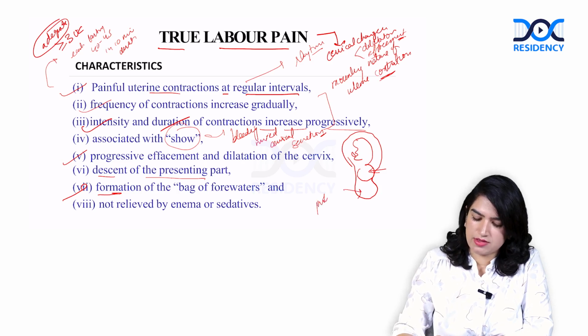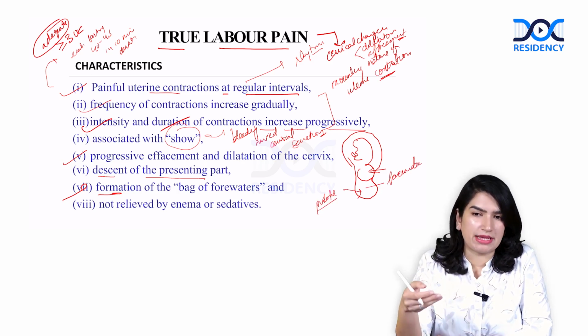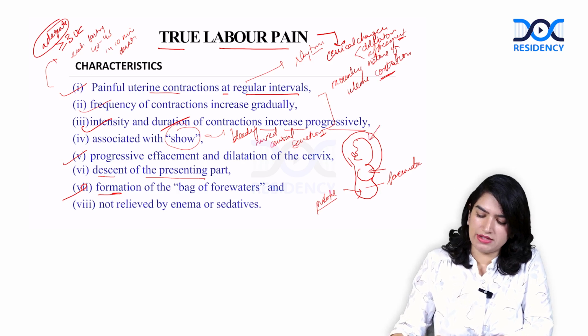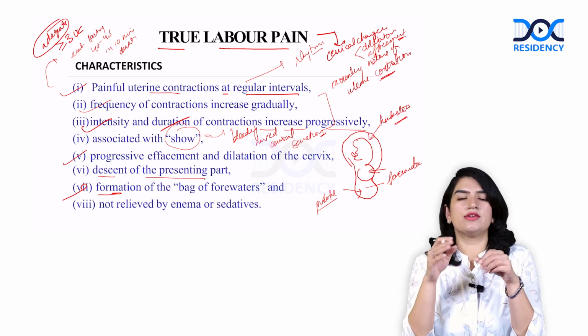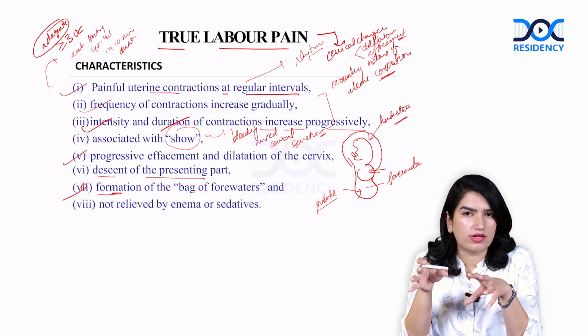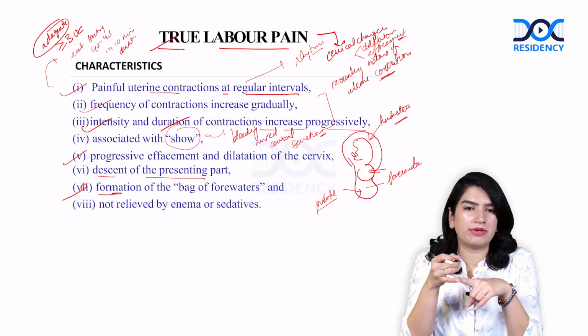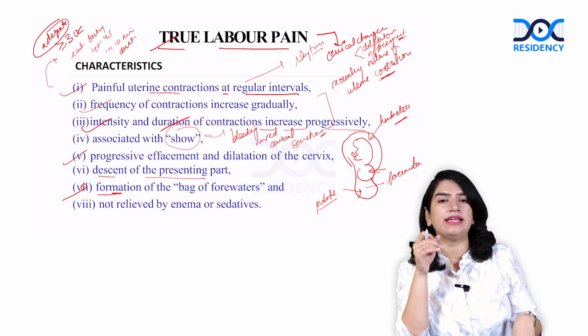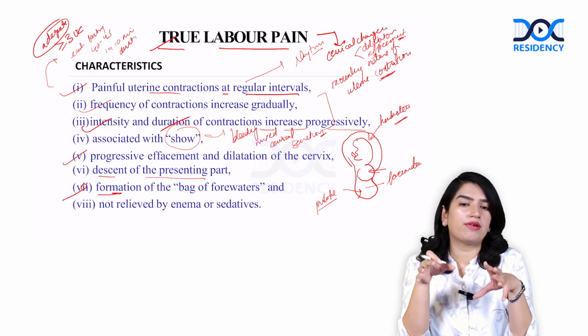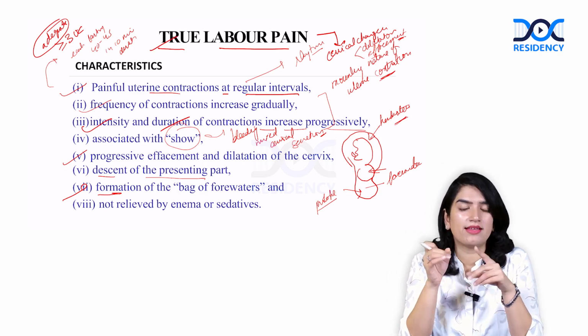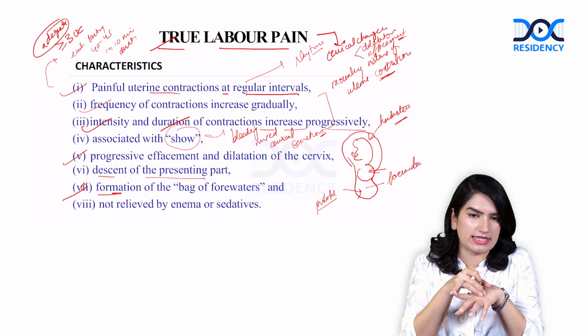There is prolapse of this bag of four waters right in front of the presenting part, and behind it we have the hind waters. So, if you have the bag of four waters which is forming, it is a characteristic of true labor pains. And finally, true labor pains are not relieved by enema or sedatives, unlike the false labor pains.